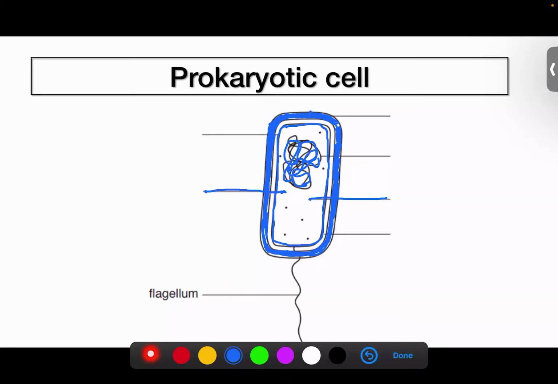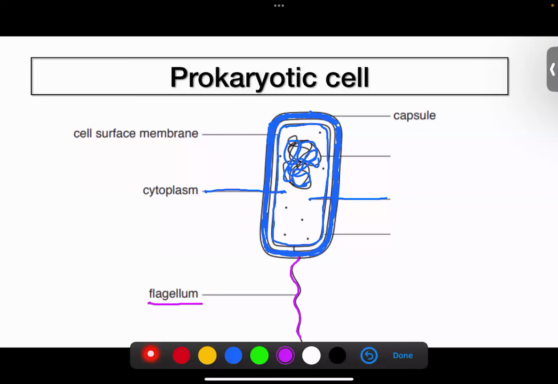However, this flagellum is not always present in bacteria. This may be present in some bacteria and may not be present in other bacteria. The next is, you see this cytoplasm. Cytoplasm is found in all bacteria. Then we have cell membrane, which is also present in all bacteria. We have this slime capsule, which is also not found in all bacteria, may or may not be present in some bacteria.